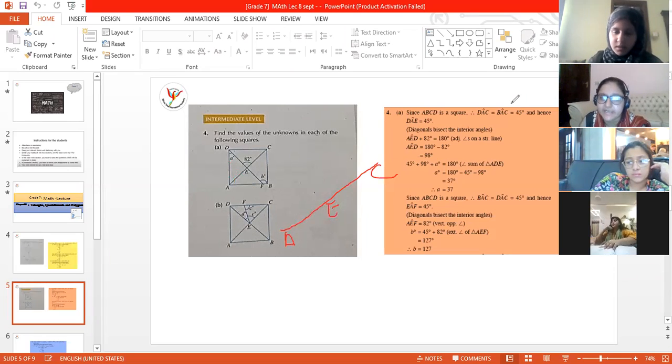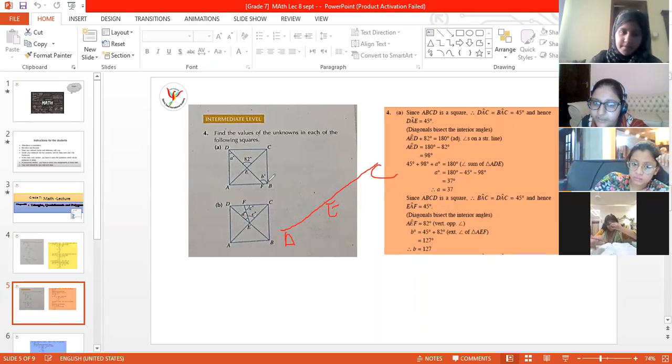If you can see, Zaina, if the diagonal intersects between the vertices D and B, then it will be 45, 45. But the line is not cutting the vertex, so it means that we have to find the value of A degrees some other way, right?